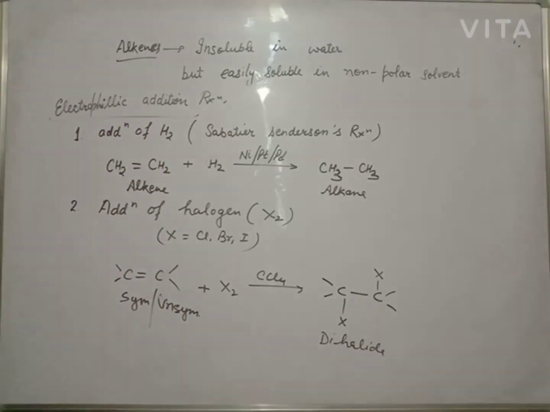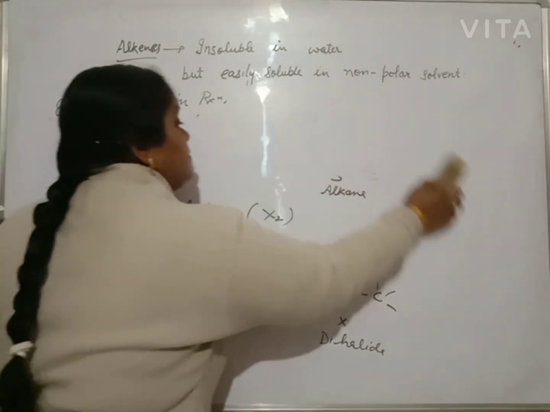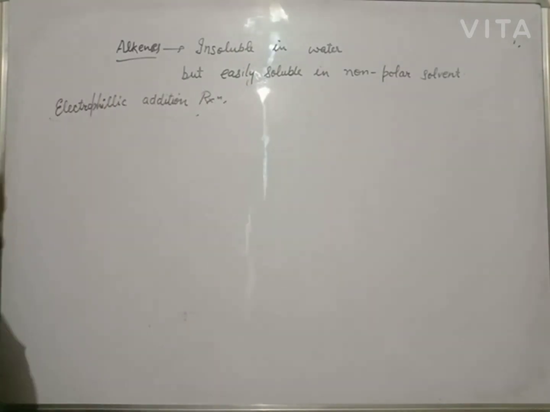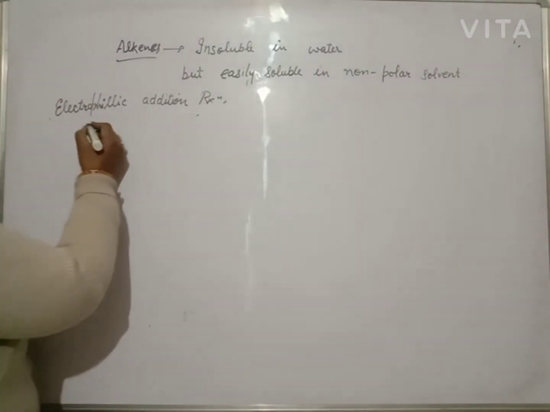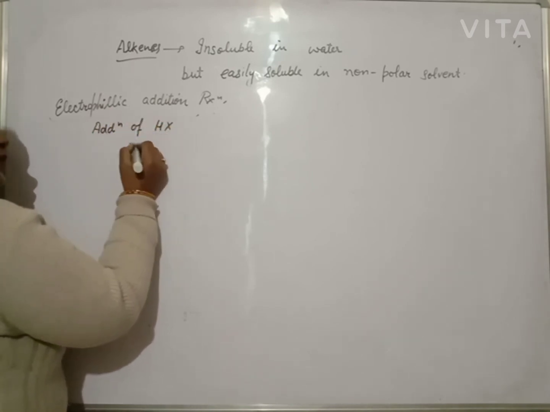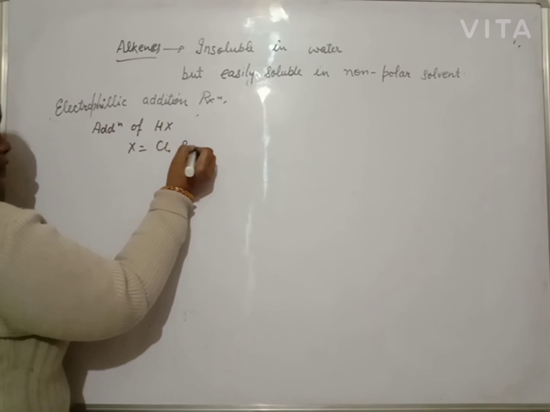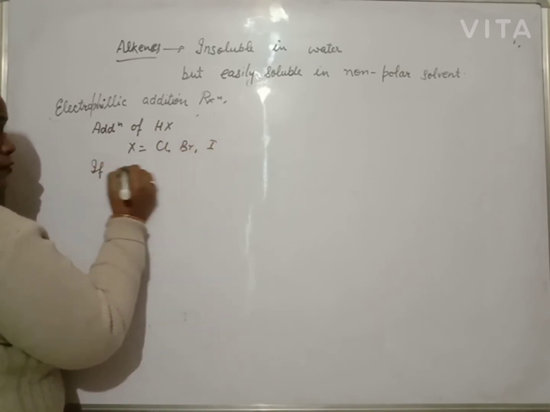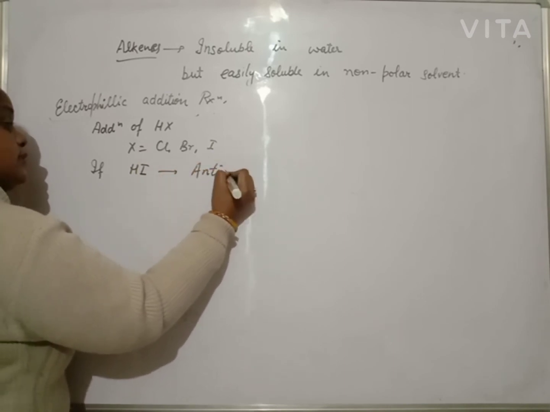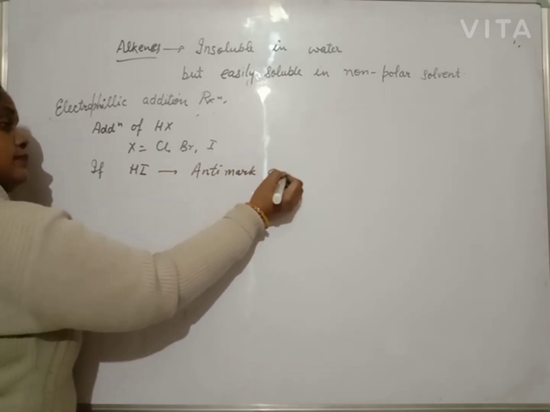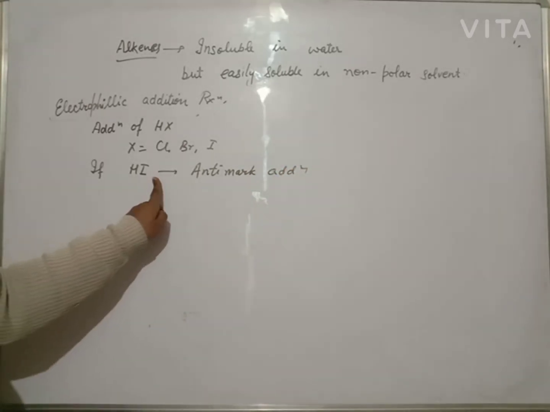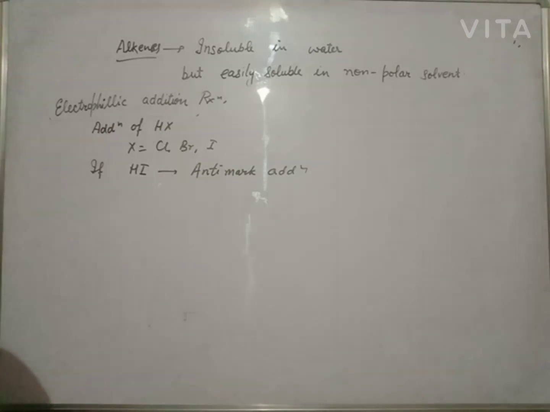Now addition of unsymmetrical reagents, that is addition of hydrogen halide. This X may be Cl, Br, or I. You must learn, if there is HI, it will follow anti-Markovnikov addition either way; whether peroxide is present or not, it will follow only anti-Markovnikov. Clear?